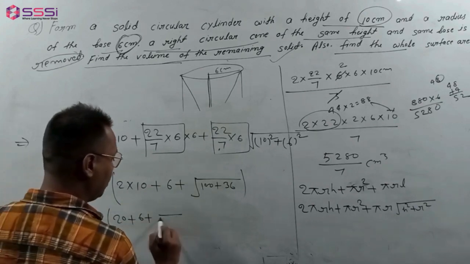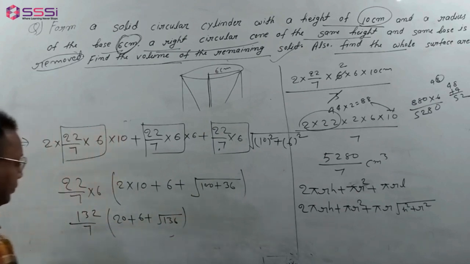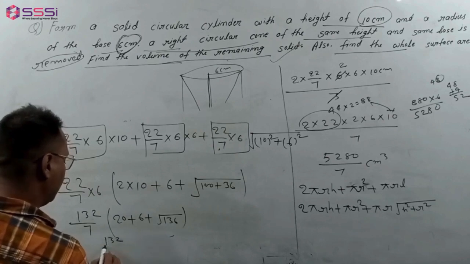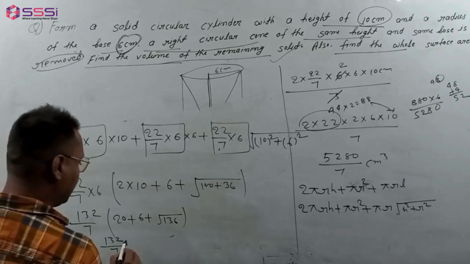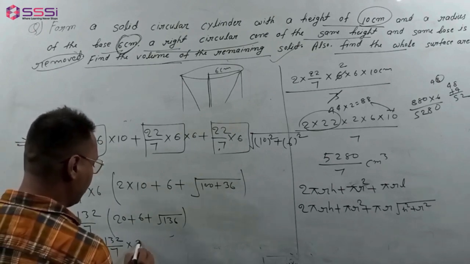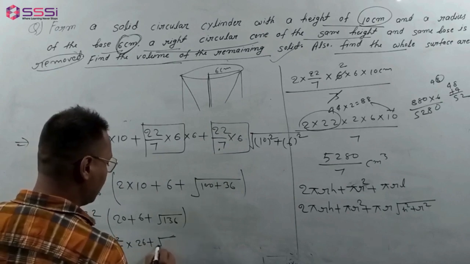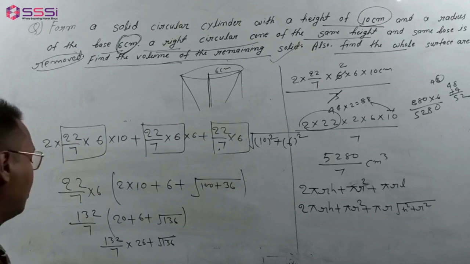6 plus root under 136, 100 plus 36. Divide by 7 into 26 plus root under 136.